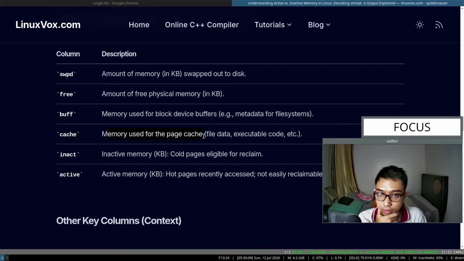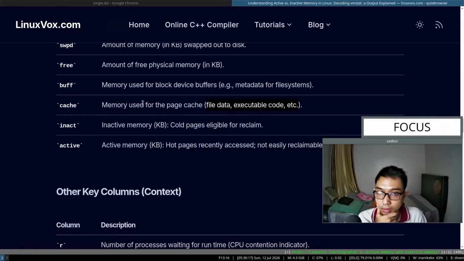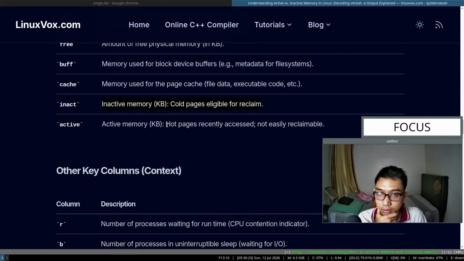Memory used for the page cache, file data, executable code, etc. Okay. Cold page and then hot page. Not easily reclaimable.